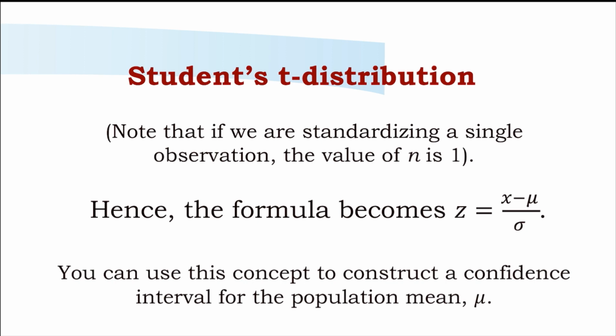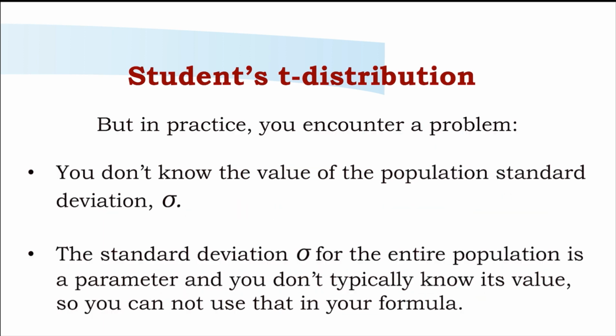You can use this concept to construct a confidence interval for the population mean. But in practice, you encounter a problem: you don't know the value of the population standard deviation. The standard deviation for the entire population is a parameter and you don't typically know its value, so you cannot use that in your formula.